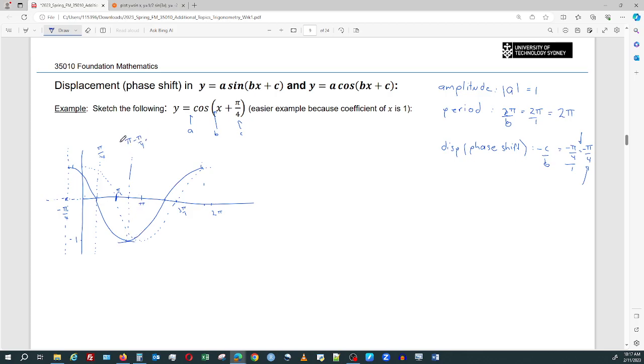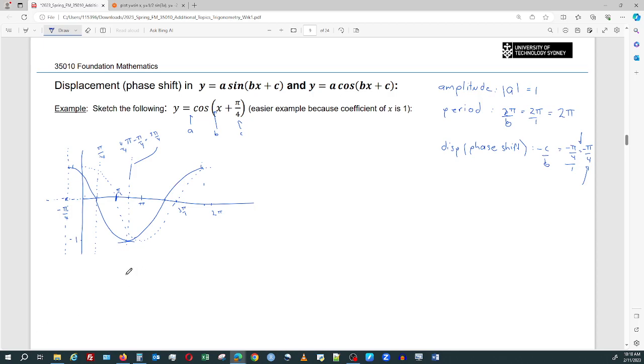Same family, pi minus pi on 4 is 3 lots of pi on 4. So that's 3 lots of pi on 4, that's where negative 1 is occurring. So you can do that same intuitive balance, just sketching along, plotting your points. If you want to put it in a table then you can put it in a table.